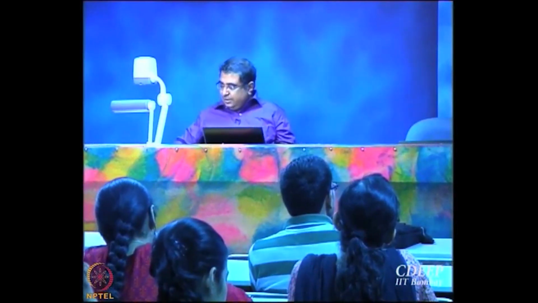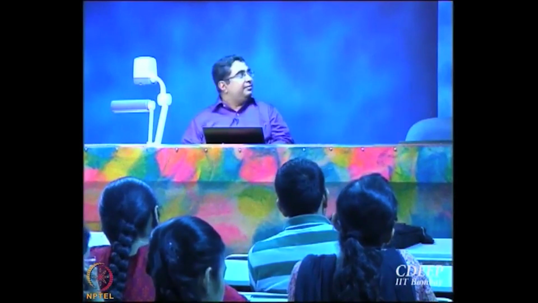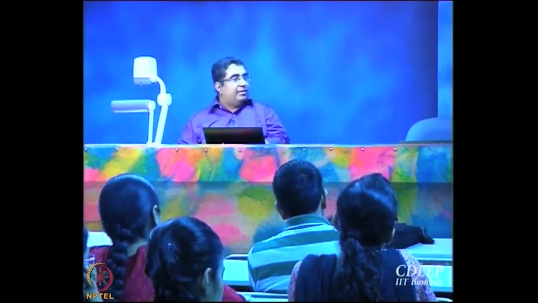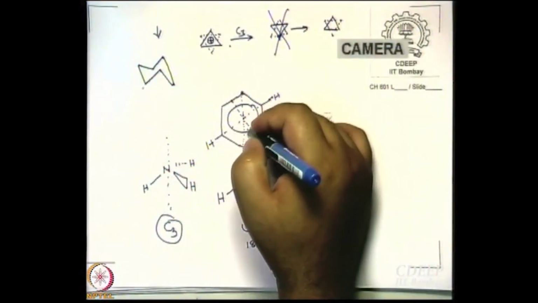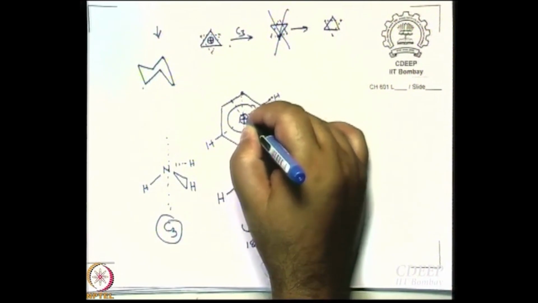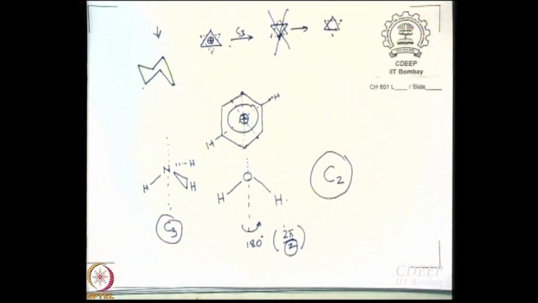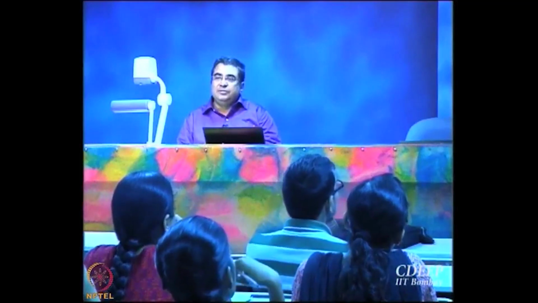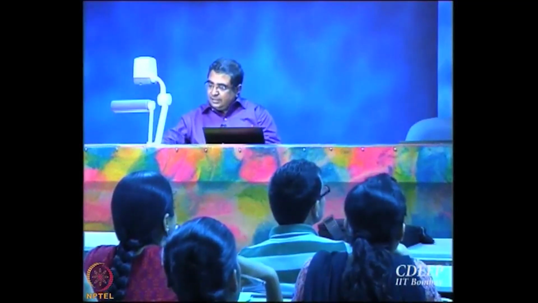Okay. So, if I go back to this example of benzene, what are the axes that you can see? I think you will agree with me if I say that this is a C6 axis of symmetry. In addition to that, do you see some other axis of symmetry? C2, where is C2? Yes.